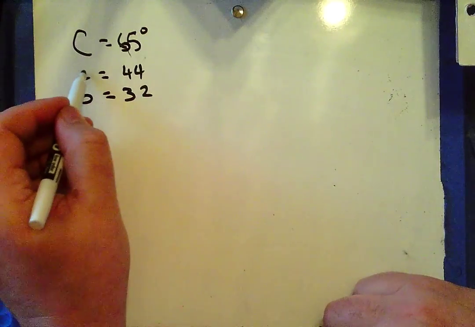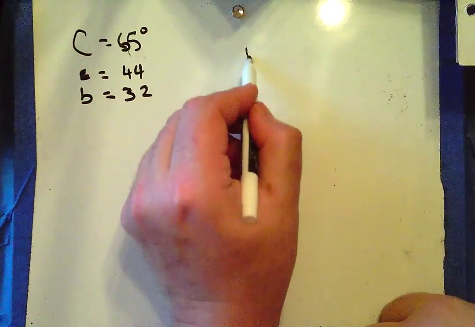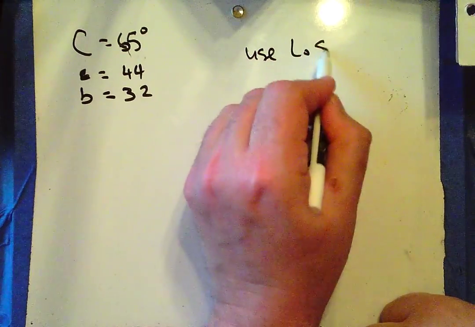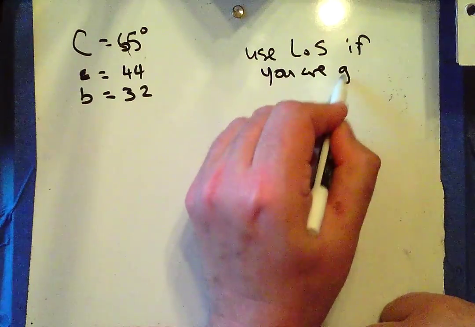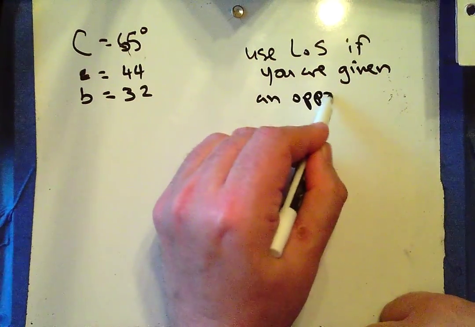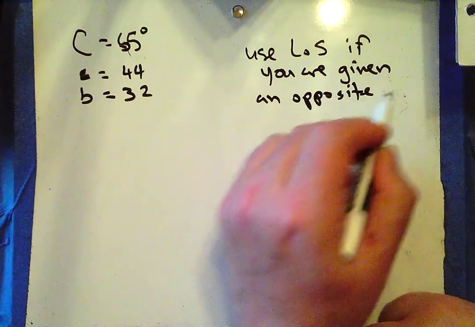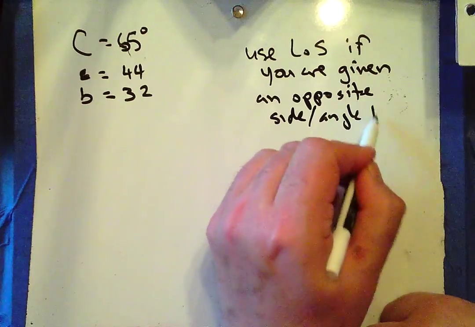By the way, here's another clue about law of sines. You can only use law of sines if you are given an opposite side angle pair.